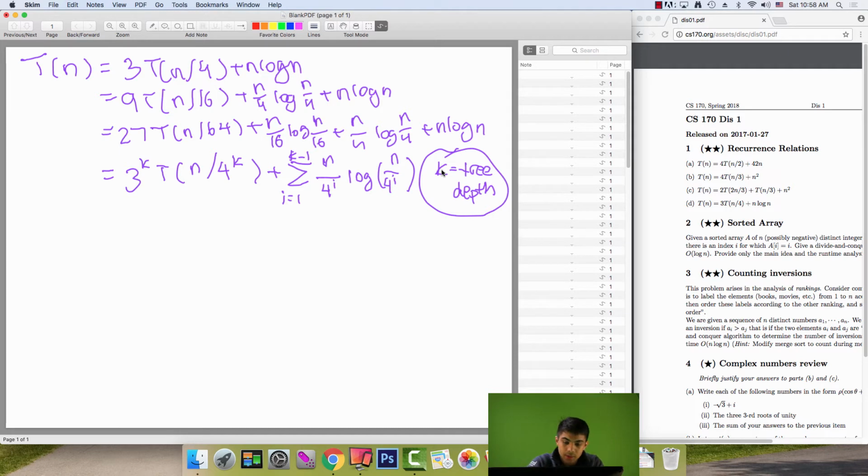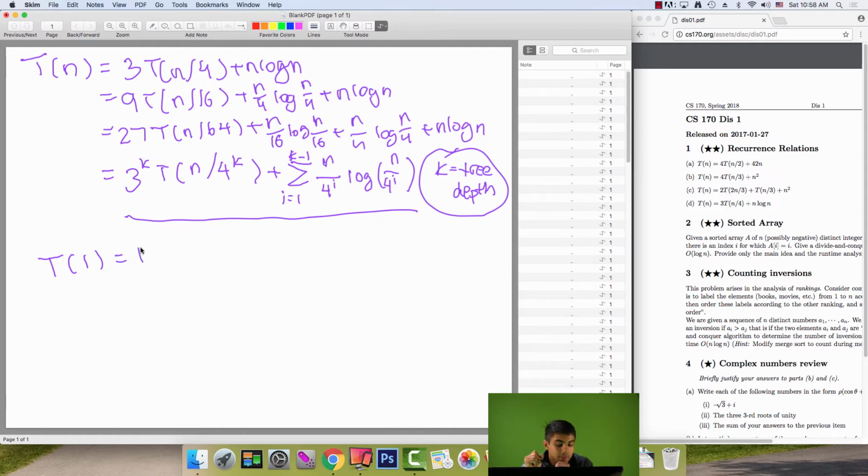Okay, so now that we have this final expression, we're going to make an assumption that at some point our recursion bottoms out, and let's say that case is when we have T(1). And for simplicity, let's say that is equal to 1.